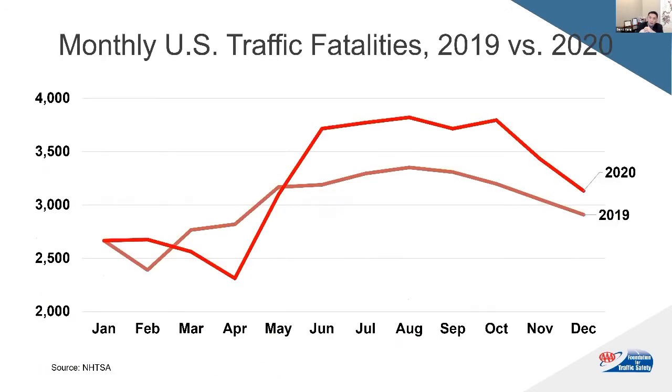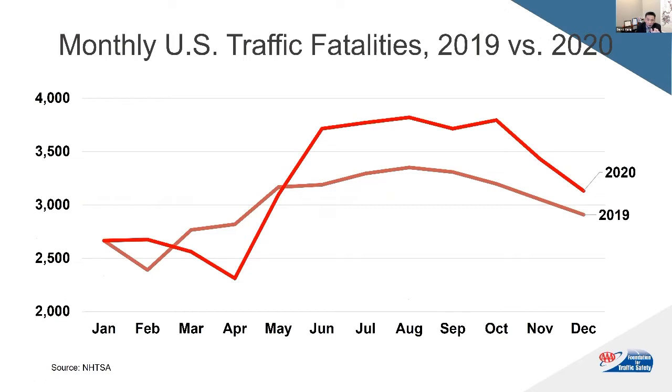which is really telling you about the issue related to traffic safety here in the United States. And when you look at the travel month by month throughout 2019 and 2020, you can see how the rate has increased.